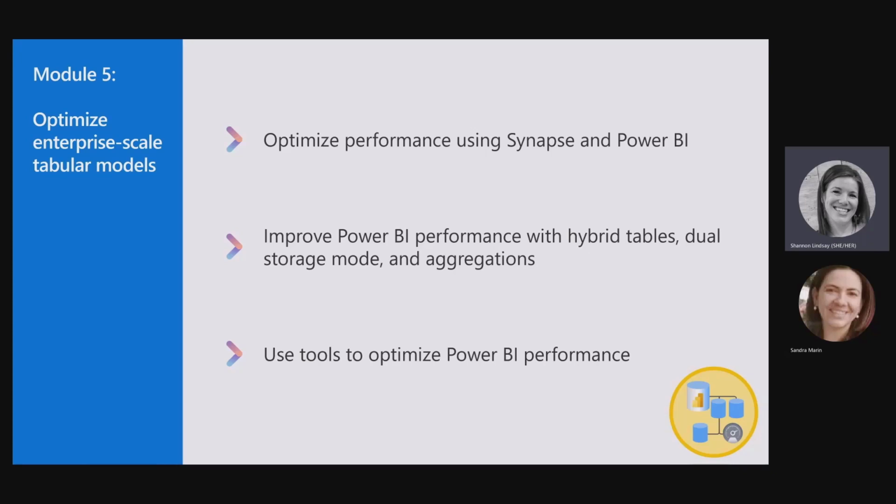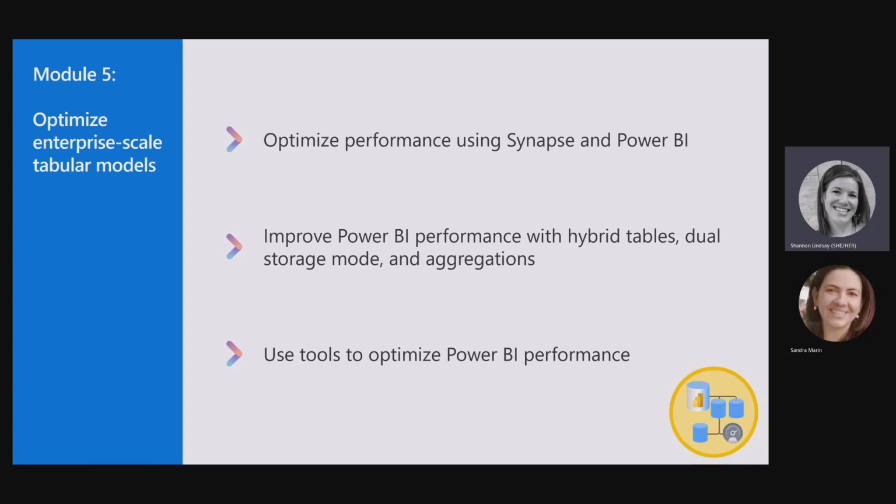So in this module, we're going to take you through how to optimize performance so that your reports render quickly, so the visuals render quickly, and also so that your refreshes happen quickly and things don't time out. And then in this third module, we take you through how to use tools to optimize your Power BI performance.